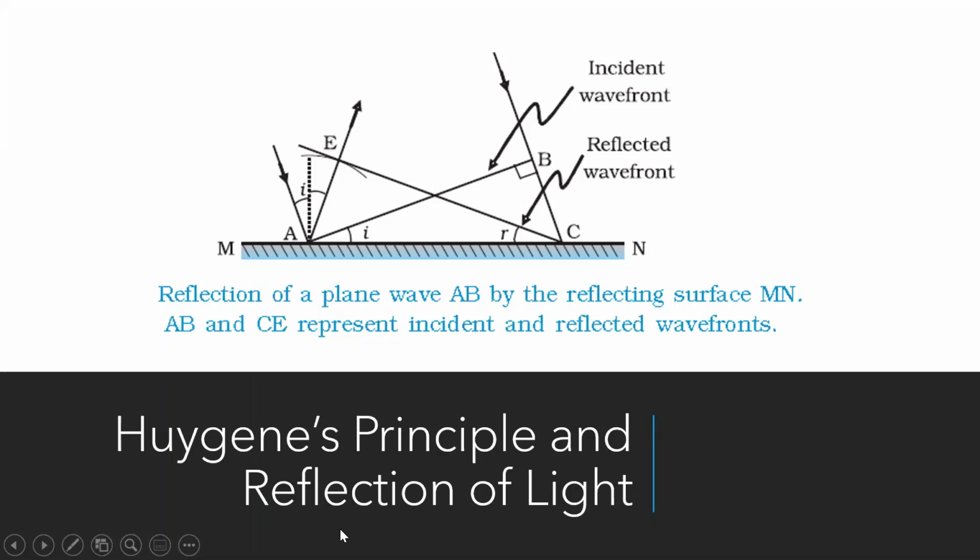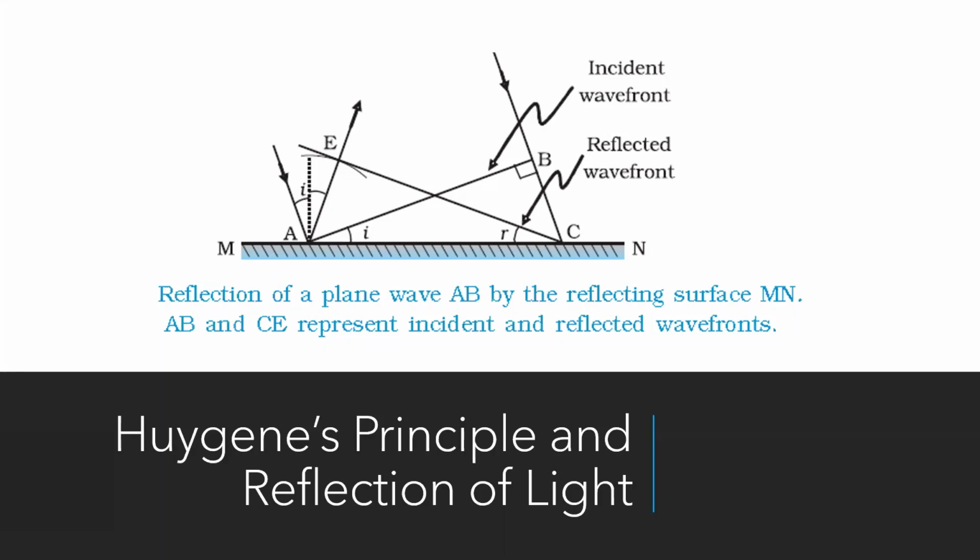What is meant by reflection of light? The light will come back. Yes, when light is incident on some smooth surface, it gets reflected back into the same medium. This is called reflection of light.